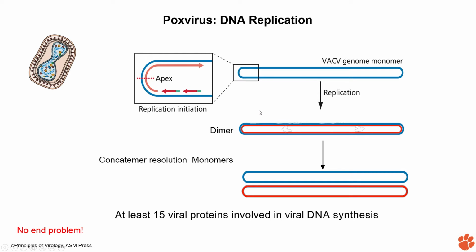So one group of scientists thinks that it just makes a nick in one strand and extends that strand. Another group of scientists thinks that there is a discontinuous synthesis by a primer. And as it is joined end to end, just like a circular DNA, there is no end problem. You can easily see that they are joined end to end.